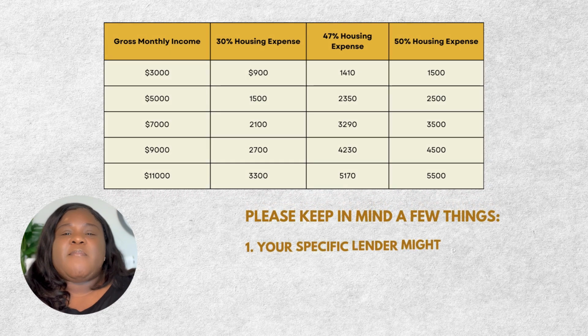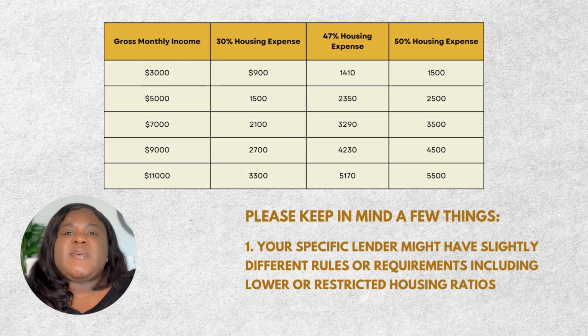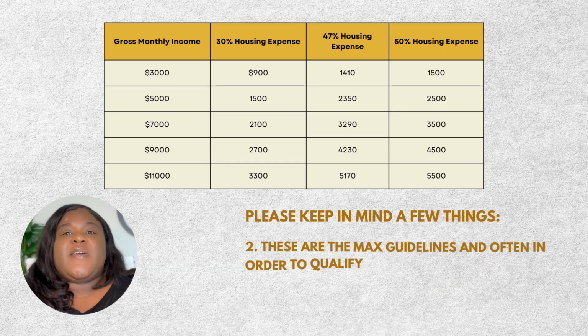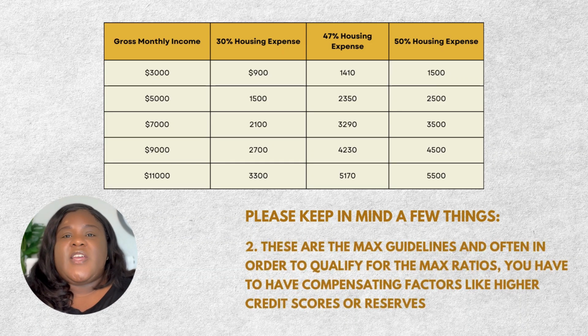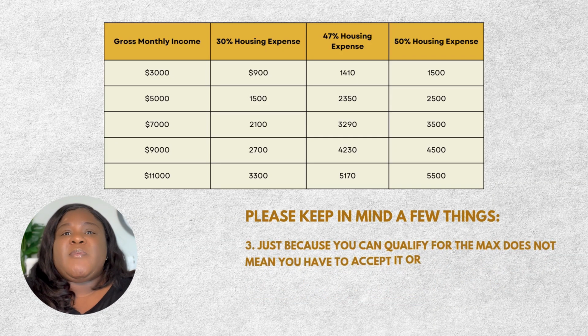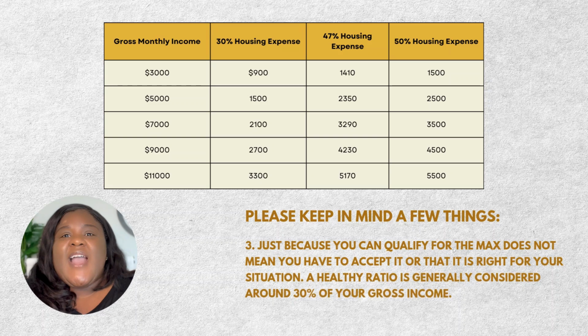Please keep in mind a few things. Your specific lender might have slightly different rules, including lower or restricted housing ratios. These are the max guidelines, and often, in order to qualify for max ratios, you have to have compensating factors like higher credit scores or reserves. And number three, just because you can qualify for the max does not mean you have to accept it or that it's right for your situation.